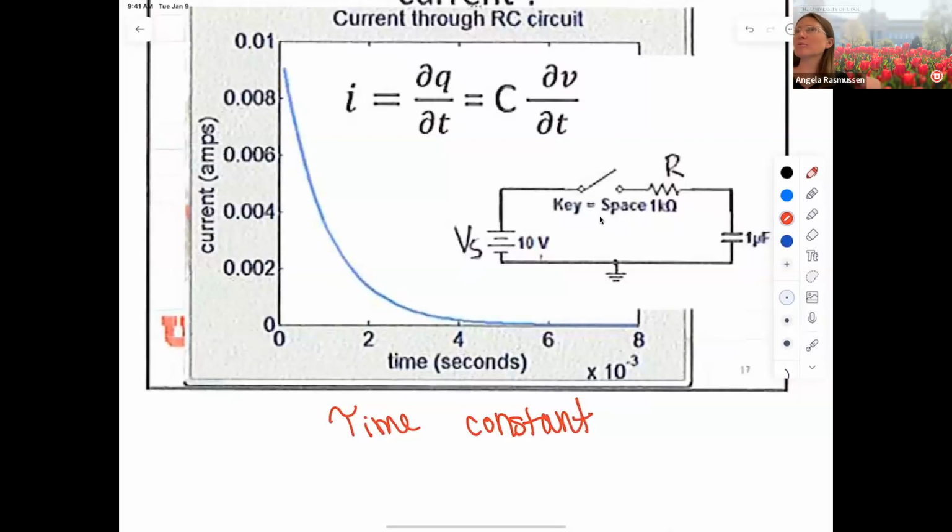It depends on the initial condition and the end condition. Our initial condition was 10 volts, and it's going to discharge to 0. You can go the other way, from 0 to 10 volts, and we still say that 60% of 10 volts, which would be 6 volts, is where we've reached our time constant.